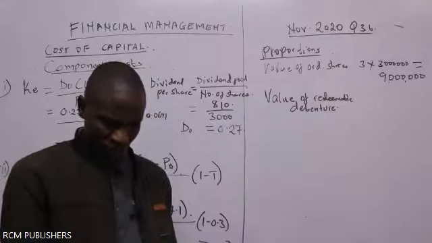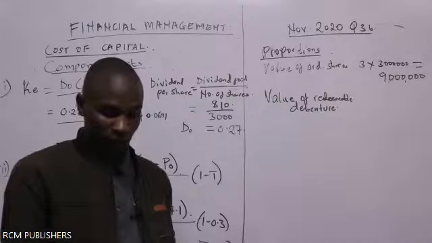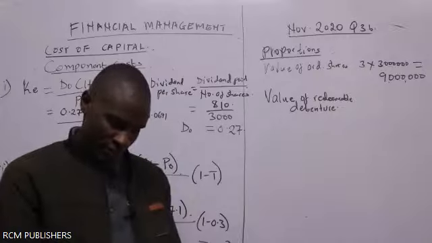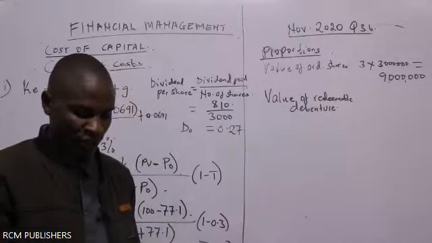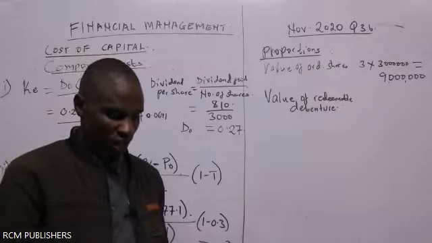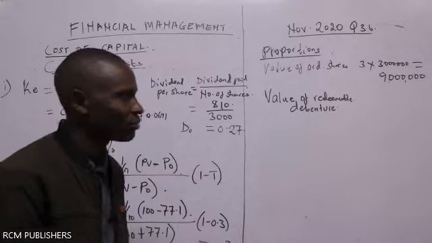Looking at the statement of financial position, I see the 7% bond. It was 1,300,000. And then the par value has changed, and we also have the market value of 77.1.